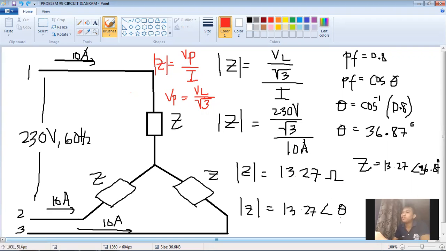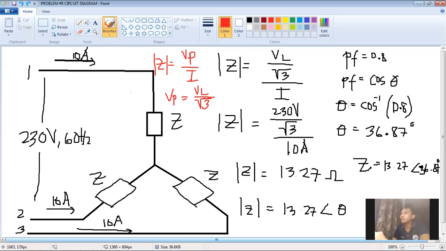at an angle of theta. Since we have the angle theta, as in the sample problem, the power factor is 0.8. So the power factor is equal to cos theta.